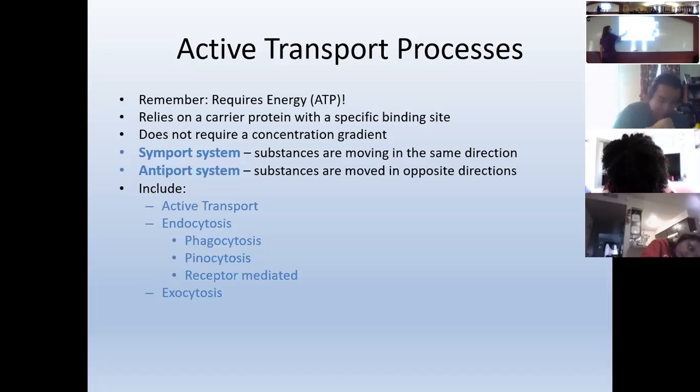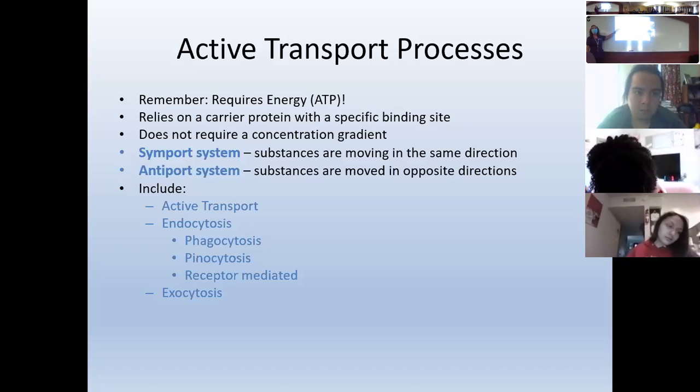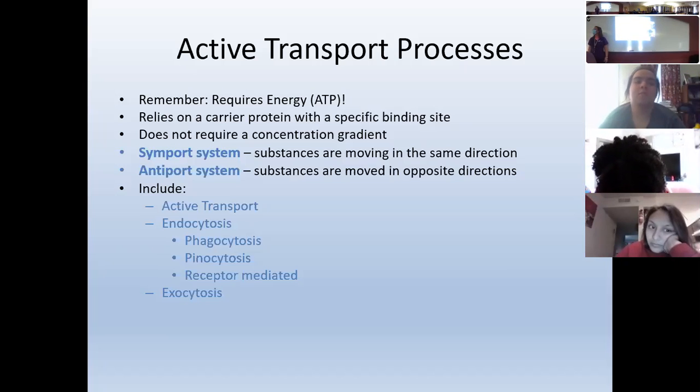Tell me, is this one going to be moving into the cell or outside of the cell? Endo. Going to be moving stuff into the cell. Exo. Yeah, that's moving stuff out of the cell. Endocytosis, I'm taking in food, I'm taking in drink. Exocytosis, I am peeing and pooing. Everybody with me so far? Fabulous.